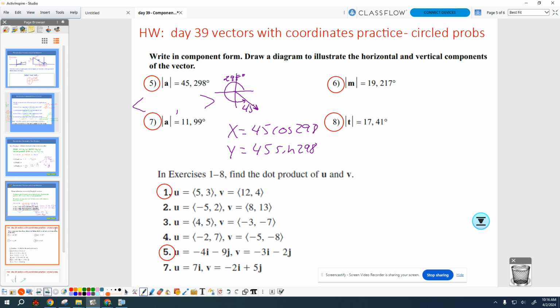Just the second page of the warm-up. A equals 45 degrees. So what's one to do? So we know it's in the fourth quadrant, right?